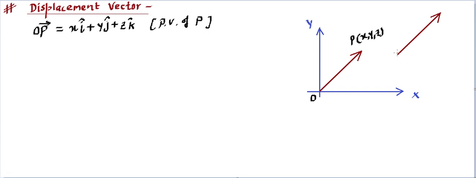So we can call this point to be point A, we can call this point to be point B. So we can call that this is a vector AB. Now let's say A point has coordinates x1, y1, z1, and B point has coordinates x2, y2, z2.